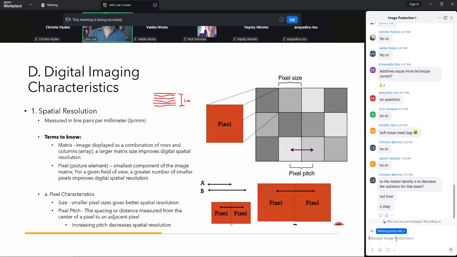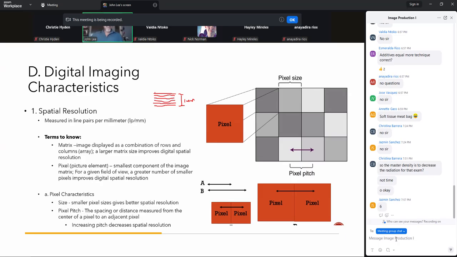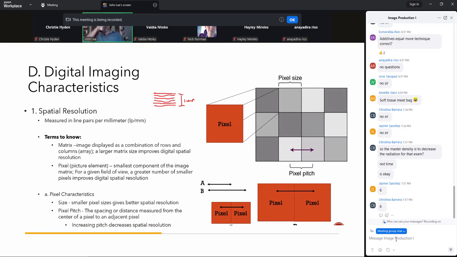Okay. So how many line pairs for that 1 millimeter do we have? Line drawing. Six. Good. That's good. And that is correct.